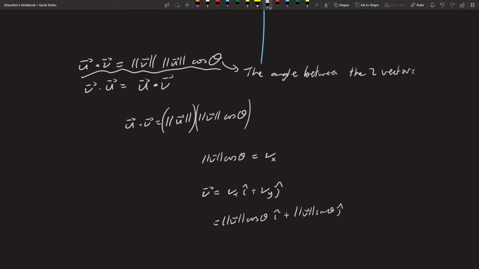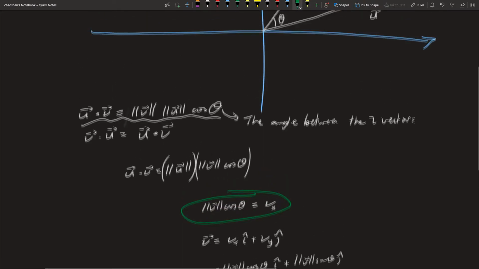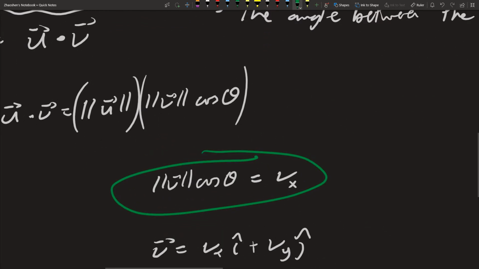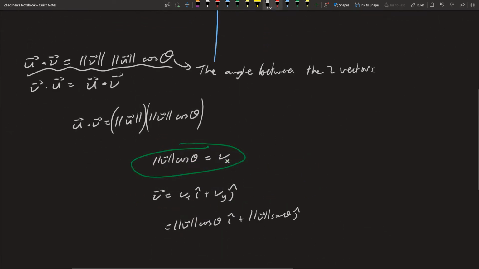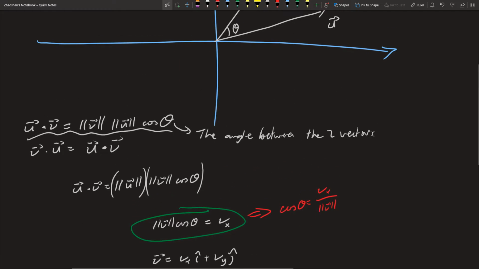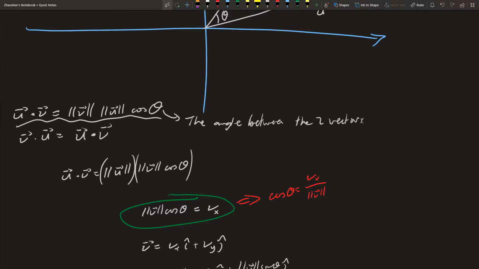So what is v sub x? If we change this around, cosine theta is equal to v sub x over magnitude of v, right? Cosine theta means the adjacent over hypotenuse.